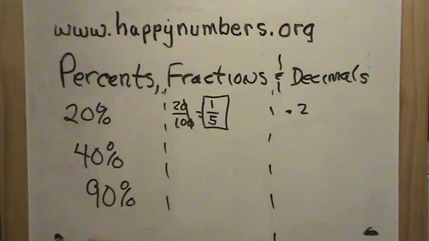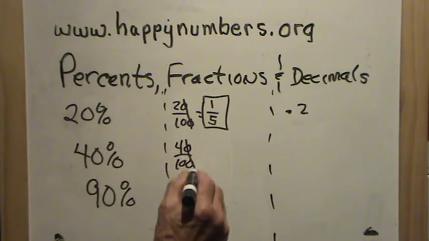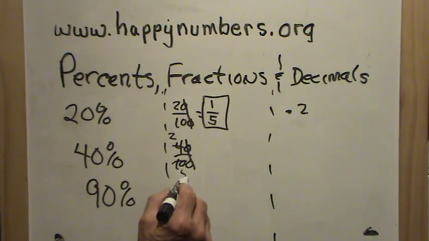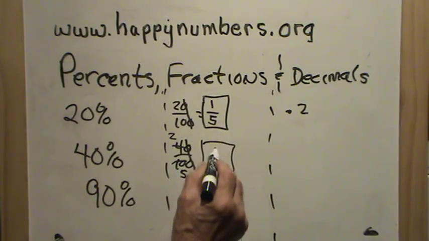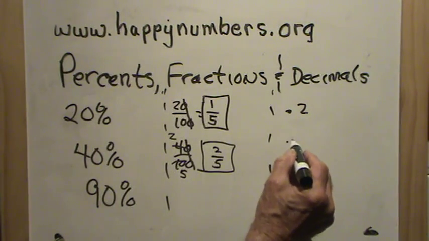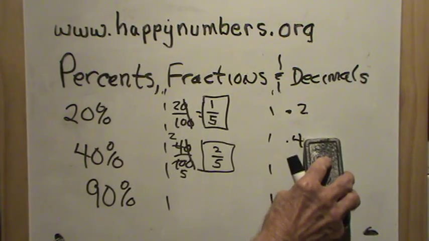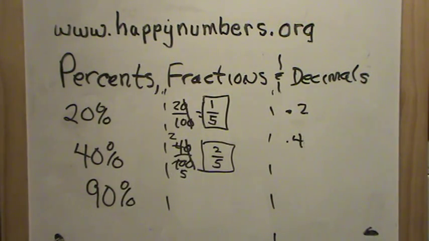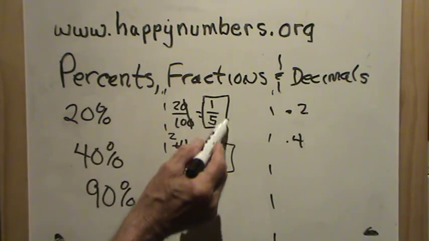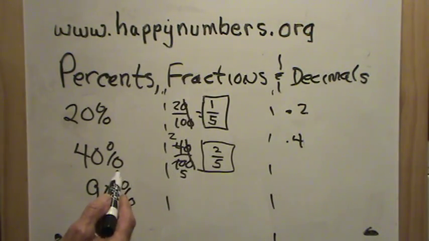40%. Well, 40 over 100. We can cross that out, cancel out. 2 goes into that 2 times. 2 goes into that 5 times. 2/5. And 40 hundredths, or 4/10. Now, if 20% was equal to 1/5, we really didn't have to do anything to figure out what 40% is.